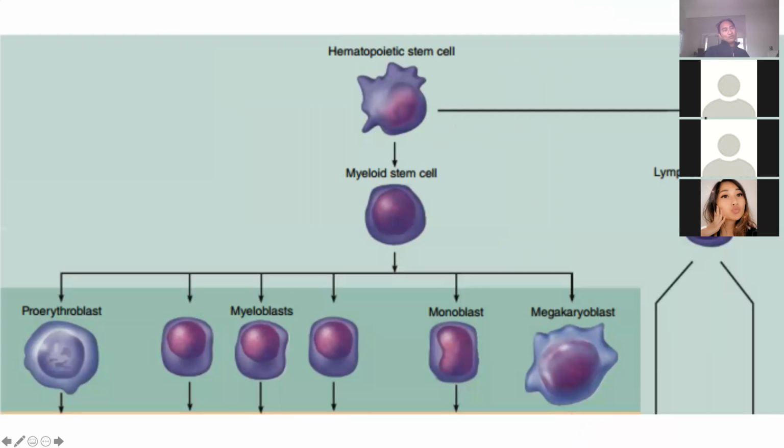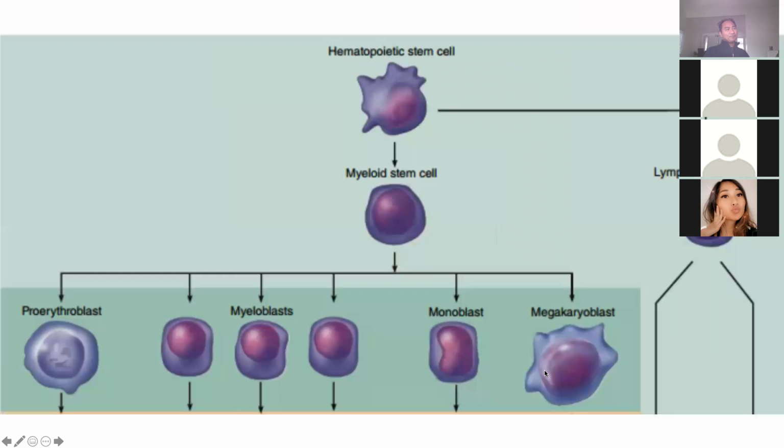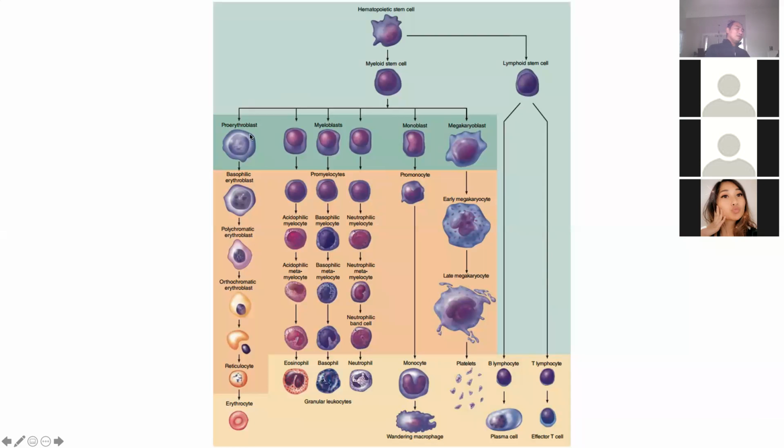The lymphoid stem cell will go into the lymphocytes, B lymphocyte and T lymphocyte. From the myeloid stem cell, we will have platelets, megakaryocyte, monoblast, myeloblast, and proerythroblast. Proerythroblast will become erythrocytes. So the origin is from the myeloid stem cell.